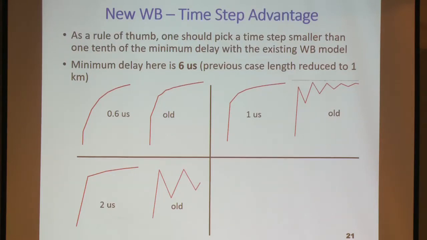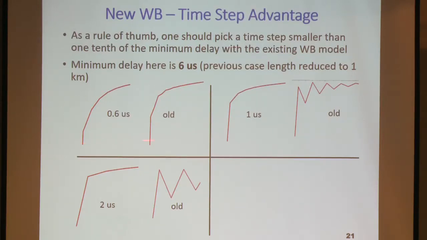Because otherwise you won't be able to catch the traveling waves. So what we usually do is take 1/10 of the smallest time delay as our time step. Here the minimum delay is 6 microseconds, so I take 0.6. This is the new one, this is the old one.